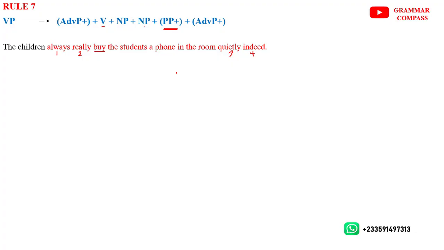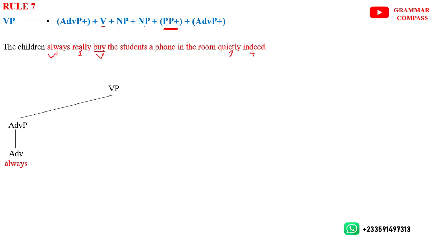Now let us take our time to draw the tree diagram for this verb phrase that has been given. First of all, we need the VP because the whole of this is a verb phrase. First, we have our adverb phrase. This adverb phrase consists of only one adverb, that is always. We are done with this part.